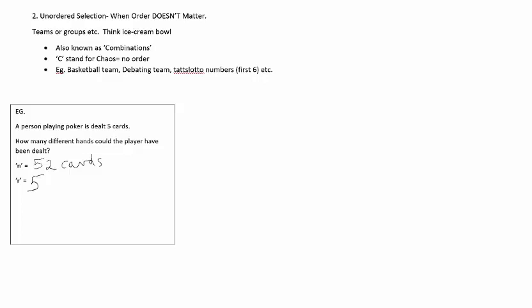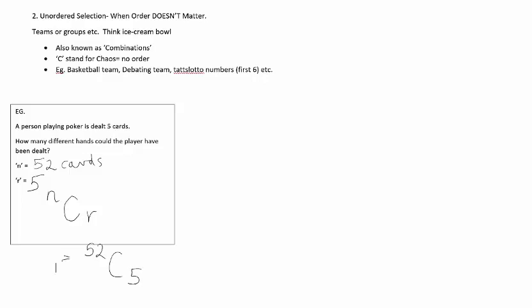So the question says, how many different hands could the player have been dealt? So this is a bit different. This is an n, C for combinations, and then r. So that's what it looks like, and it is on the number 5. So for us, n is 52 and r is 5.